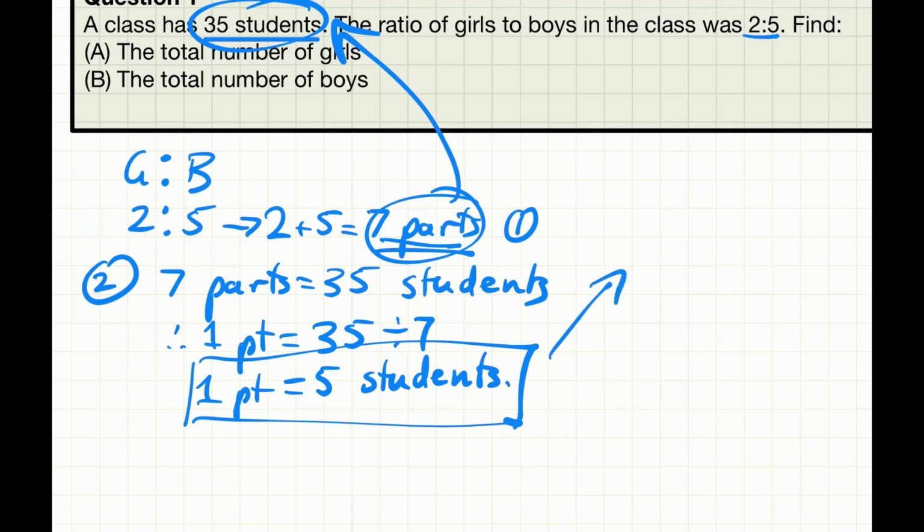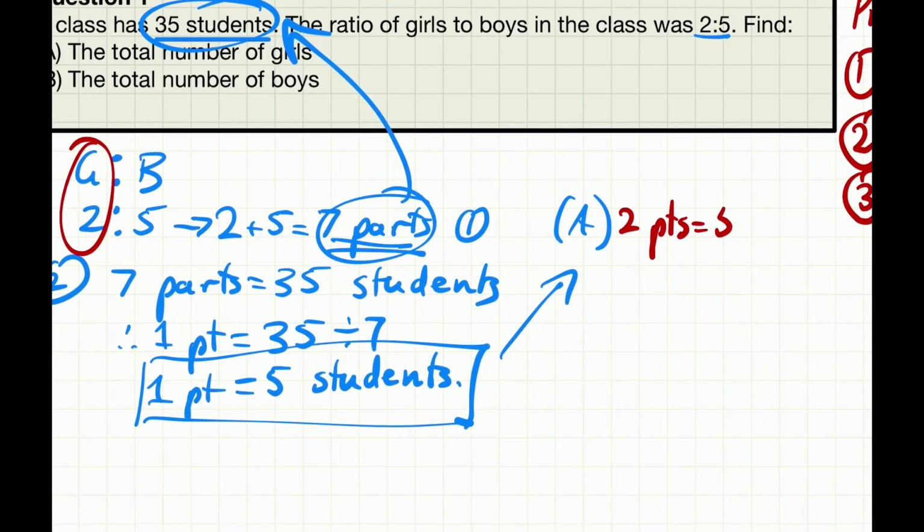So let's go over here. For option A, we have 5 students for one part. For the girls, we have 2 parts. So if one part is 5 students, 2 parts is going to be equal to 5 times 2, which gives us 10 students, therefore we have 10 girls.